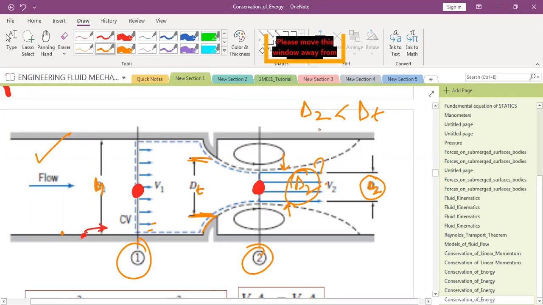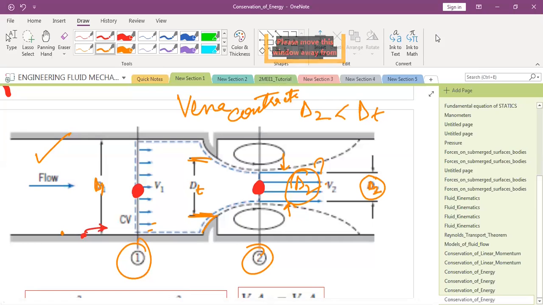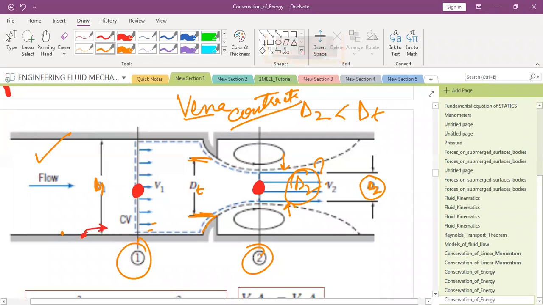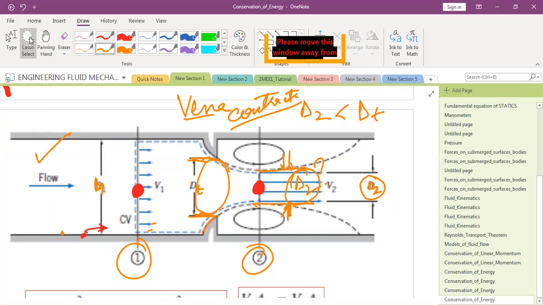This D2, which is less than DT, this diameter is called vena contracta. That is, you get a stream of lesser diameter as compared to the diameter of the orifice.